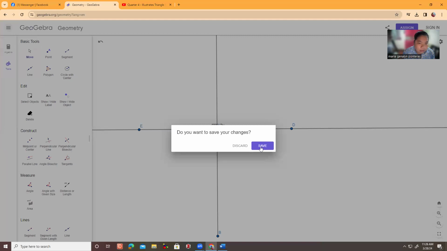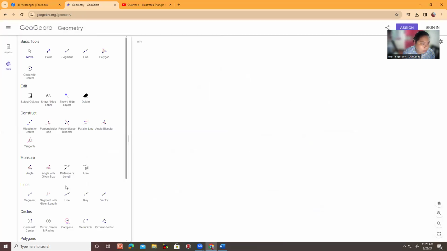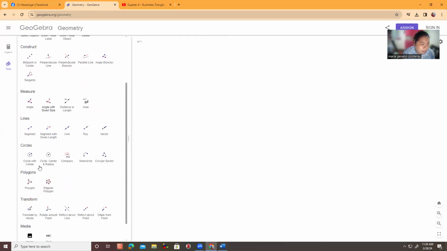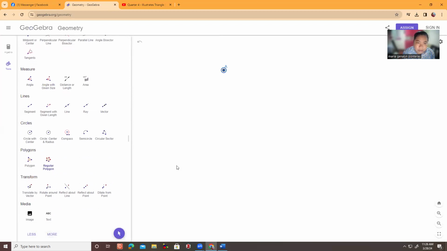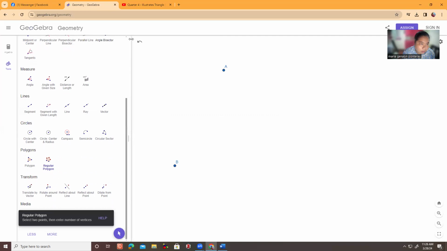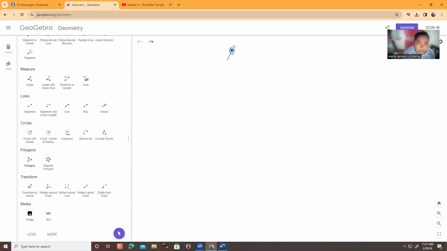Okay, so we will make a polygon, let's say a four-sided regular polygon.